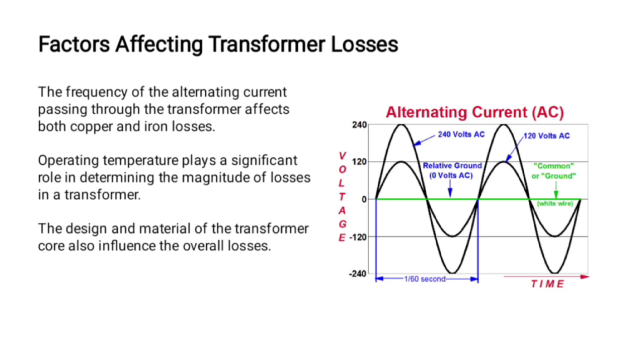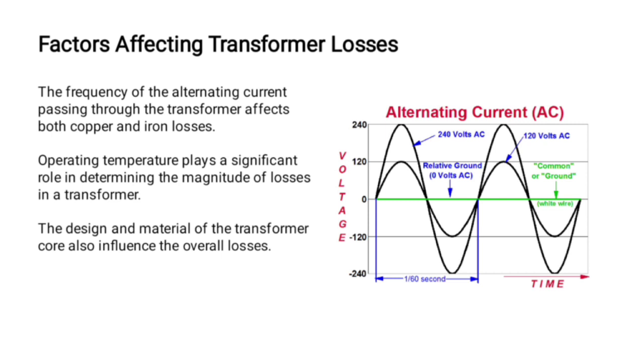Next, factors affecting transformer losses. The frequency of the alternating current passing through the transformer affects both copper and iron losses. Look at the diagram to see how the frequencies are moving.